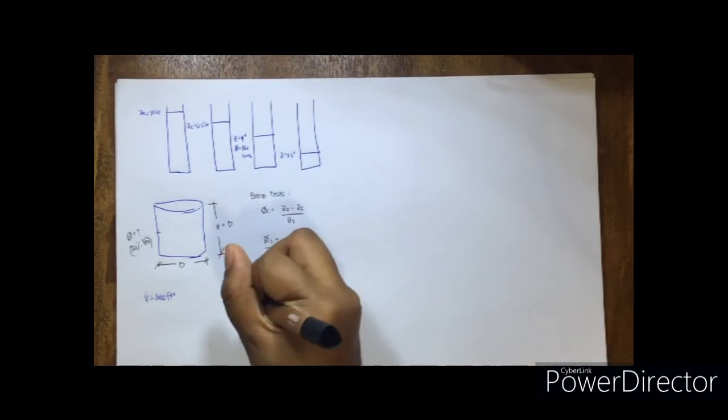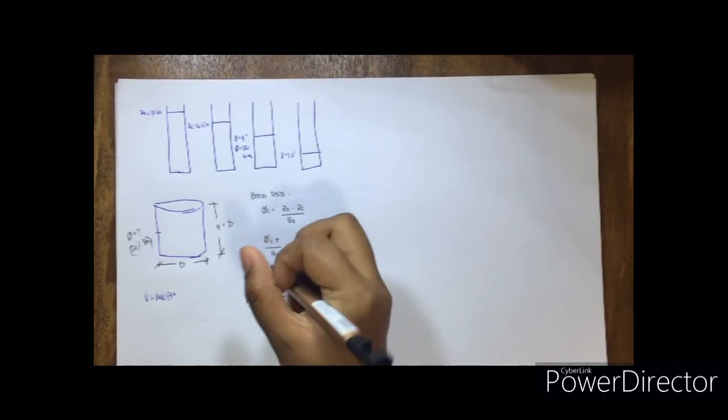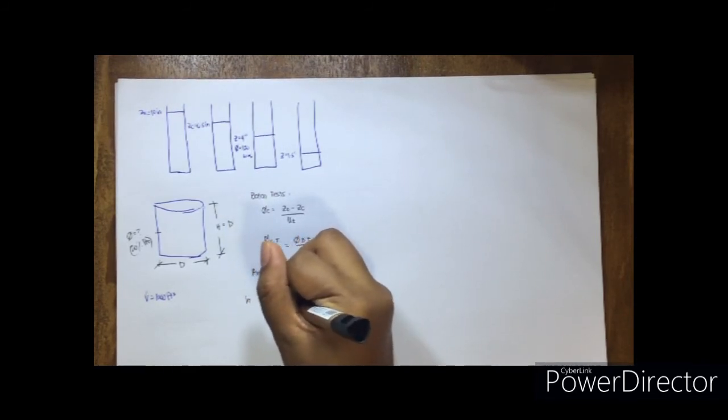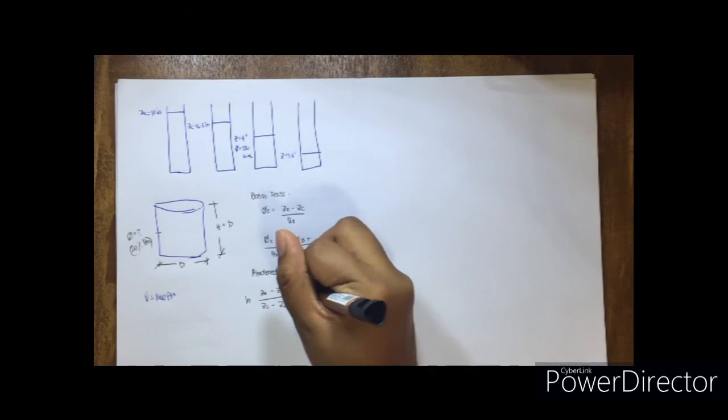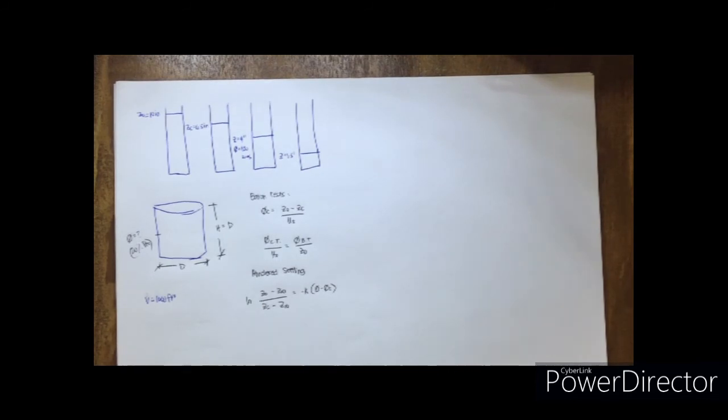For the hindered settling, we have Ln, so this is our height of our solids before settling minus the height of the sludge settled completely divided by the height of the sludge at the end of the free settling period minus the height of the sludge when settled completely. And this is the time.